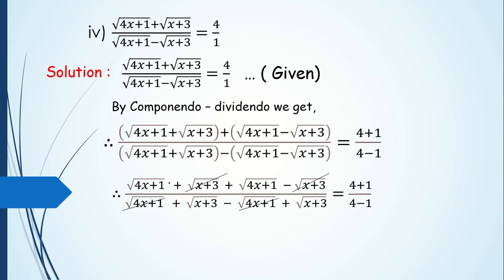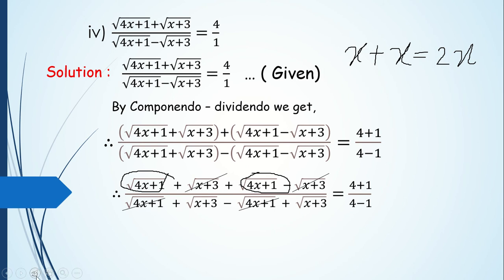Now here root 4x plus 1 plus root 4x plus 1, plus sign is there. So as I told you earlier also, x plus x we write as 2x, right? Same way, this number plus the same number is going to be 2 times that.